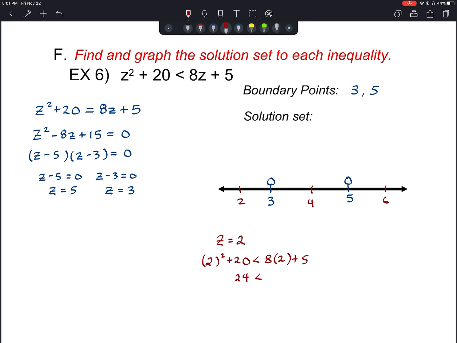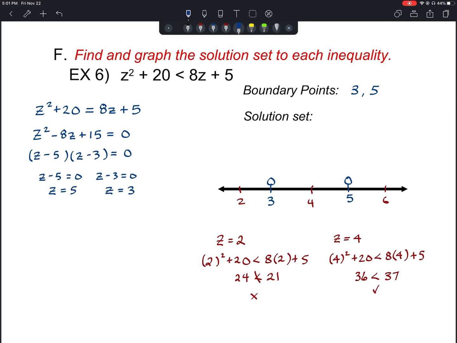That'll be 24 is less than 21, which is not true. So if it's not true, let's just go ahead and jump to the middle one then. Let's say z is equal to 4. And we have 4 squared plus 20 is less than 8 times 4 plus 5. And that looks like 36 is less than 37, which is a true statement.